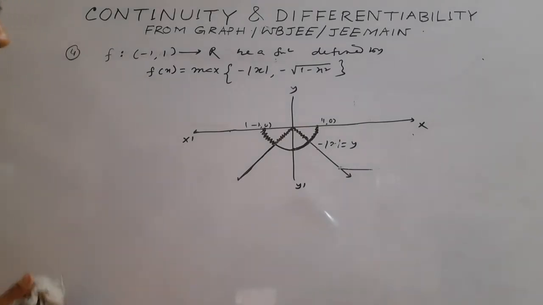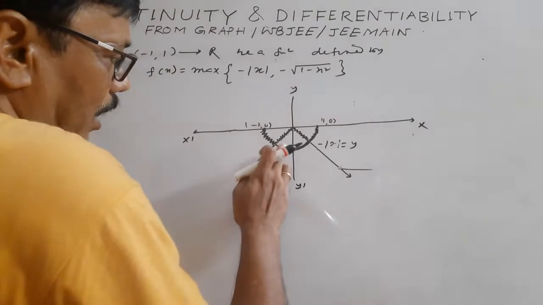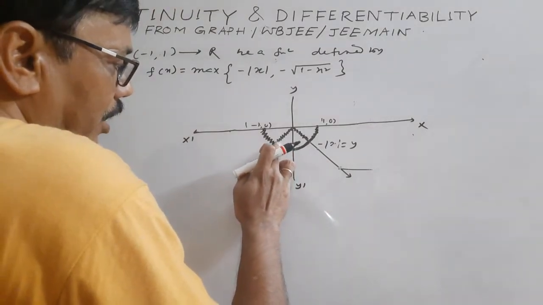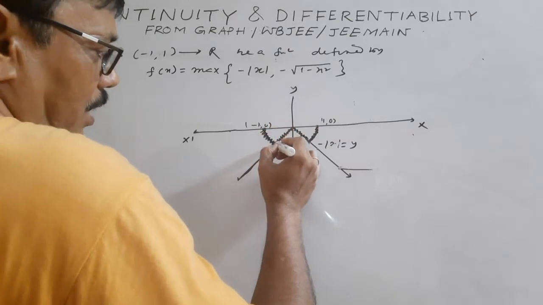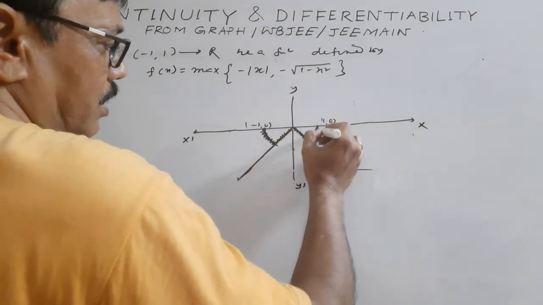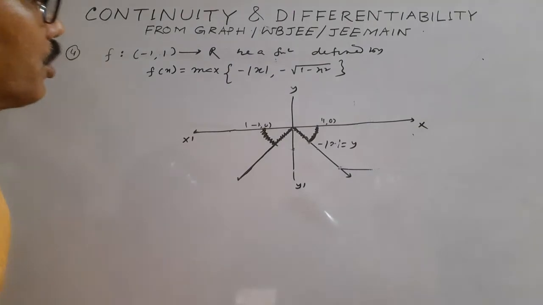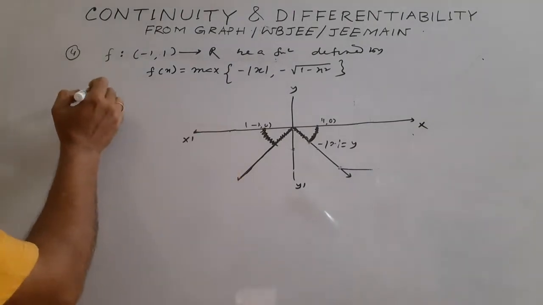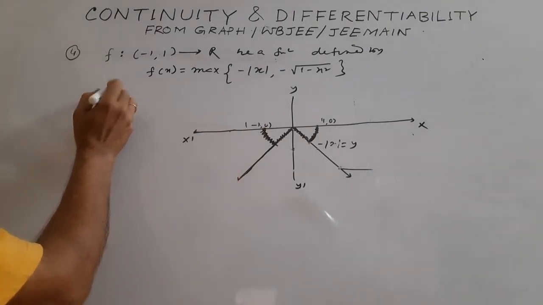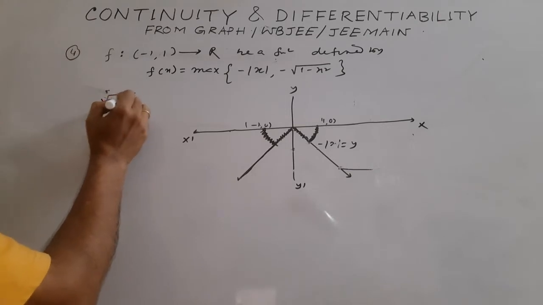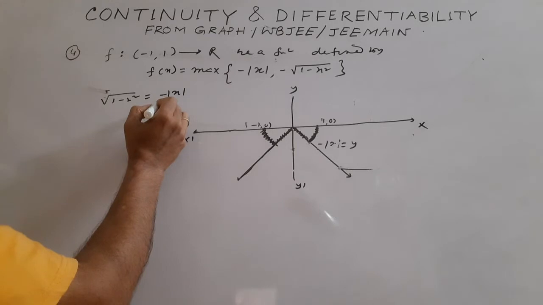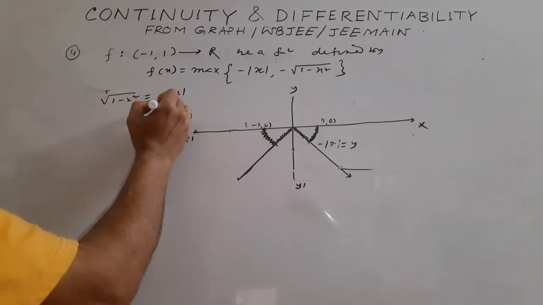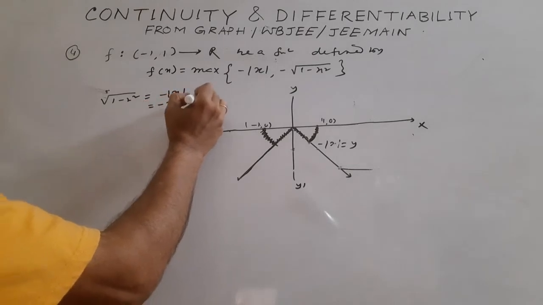So look at the graph. You are getting a graph like this one and this one. So it has a sharp corner here and a sharp corner here. If you solve it, you get the corner points. So root over 1 minus x square equals minus mod x, where minus x is greater than 0.